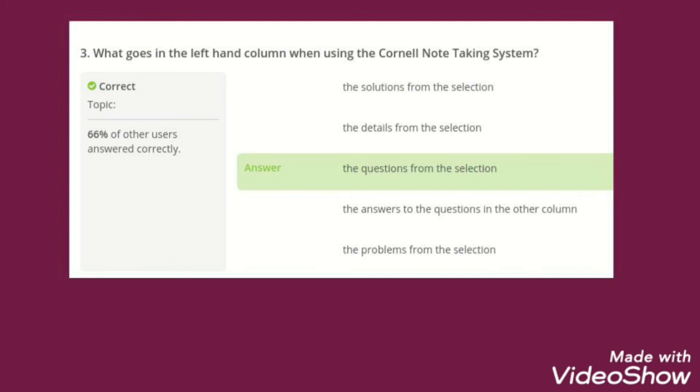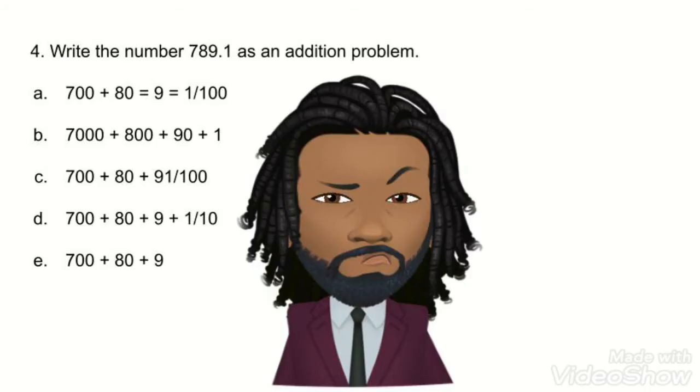Nonetheless, the answer is C, the questions from the selection. Now, most of this test has been dealing with reading comprehension and understanding grammar and grammatical errors.